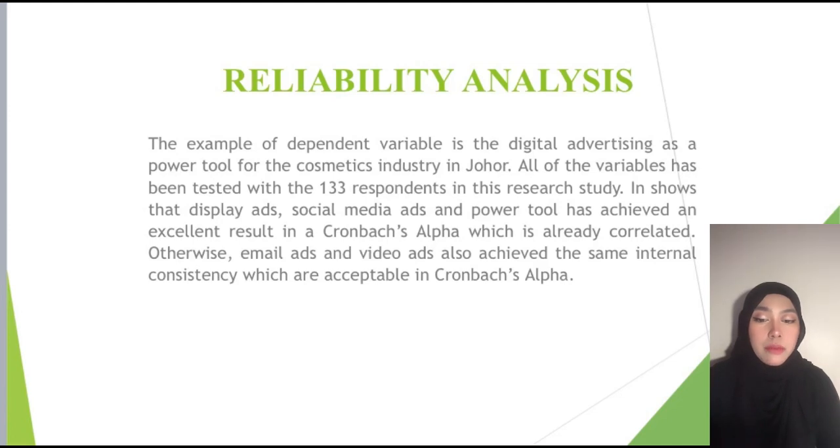All of the variables have been tested with the 133 respondents in this research study. It shows that display ads, social media ads, and power tool achieved an excellent Cronbach's alpha result.